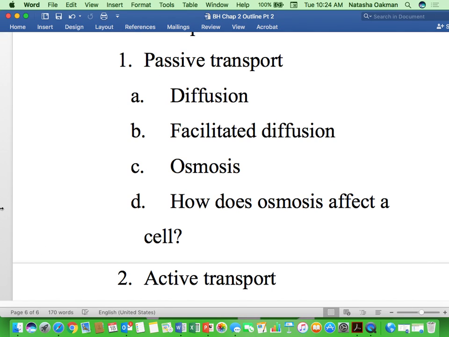So the other type of transport that can occur across a cell membrane is active transport.